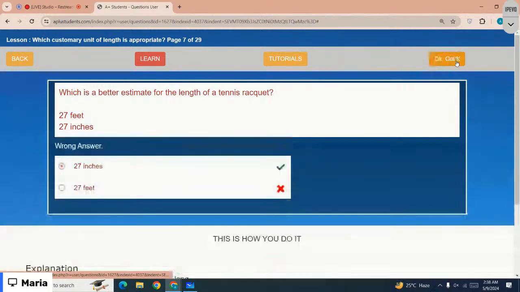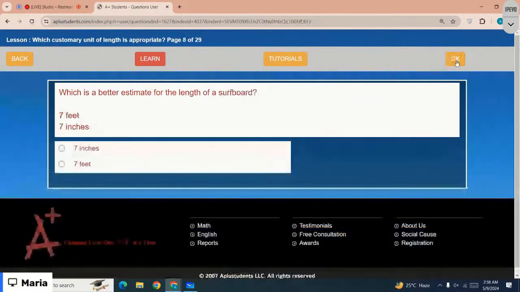Yes, that would be 27 inches, right? Which is the better estimate for the length of a surfboard? 7 inches, 7 feet. That would be 7 feet. Okay, you can complete the lesson by yourself later today.